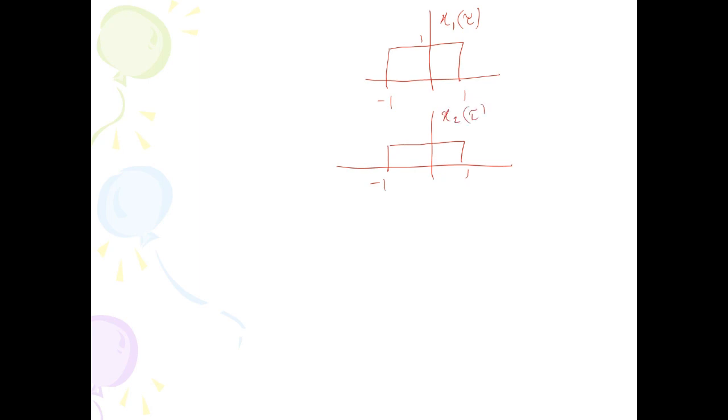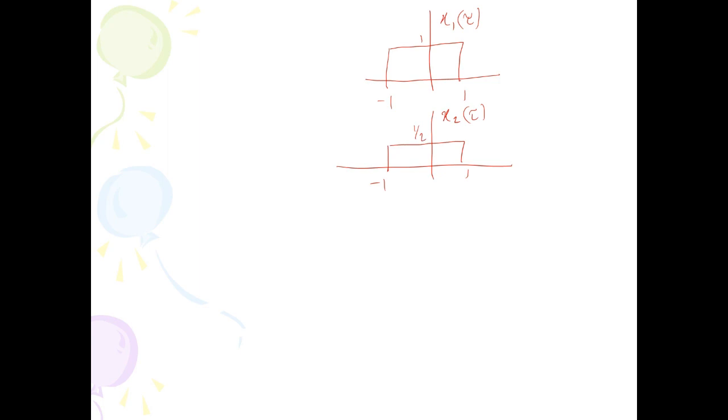First we will try to draw this. For my convenience, I am keeping this one constant. This is x1 of tau, with value 1. Similarly, x2 of tau also spans minus 1 to 1, with height 1 by 2.